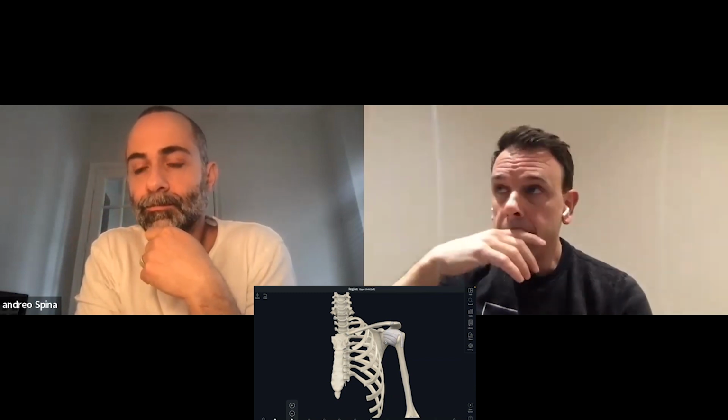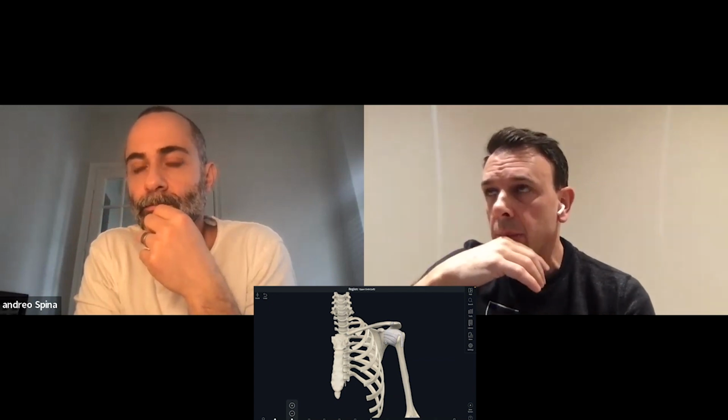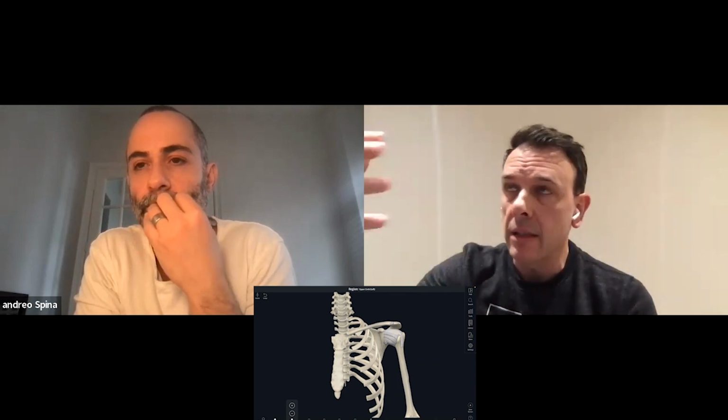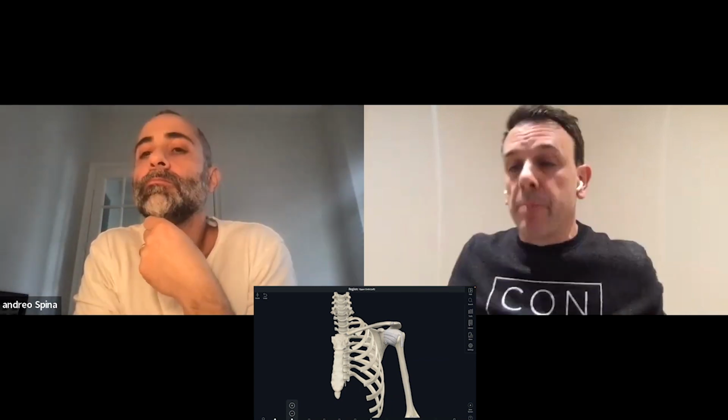I've seen in the past that overhead athletes like throwers, or athletes who go into repeated external rotation, should not be overhead pressing because of the movement of the arm into this position, because it's vulnerable.